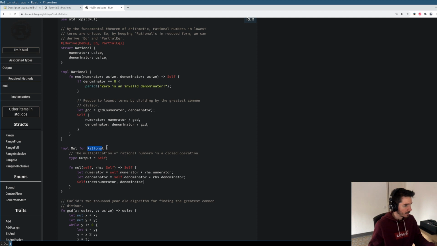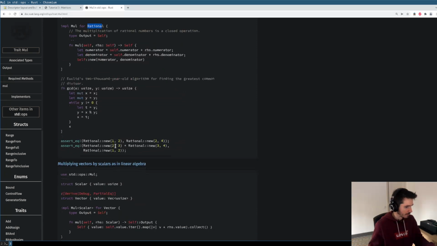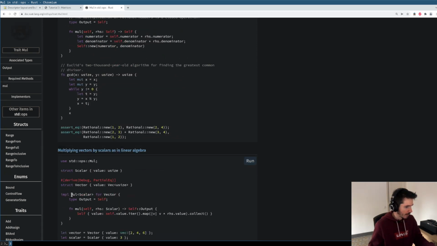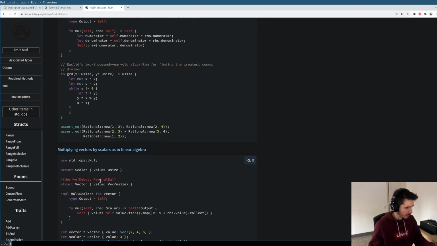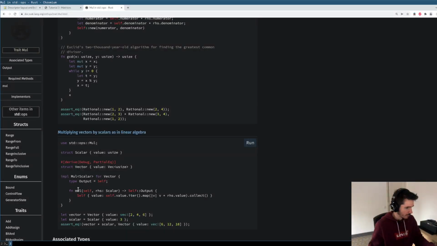Here they are implementing mul for the same type. Ah no, the syntax is like this. So self in this case would be vector and scalar is the right hand side. So that's the syntax that we want.